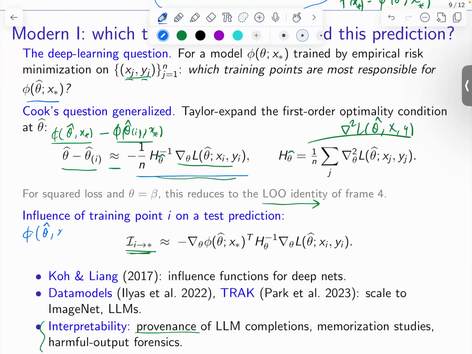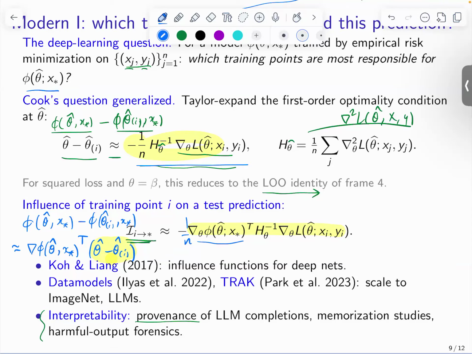If you do a first order Taylor expansion, it would be the gradient of phi at theta hat, x star, transposed, times theta hat minus theta hat I. Then you have this formula from above, you plug it in, and you get this result. This is maybe missing 1 over n here, but you just multiply by this gradient.